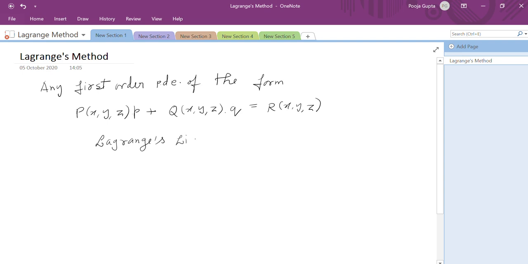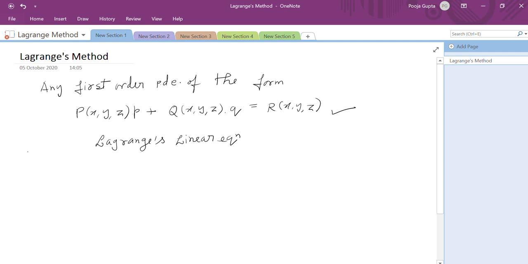And here we know what small p and small q denote. Small p denotes del z by del x and small q denotes del z by del y.